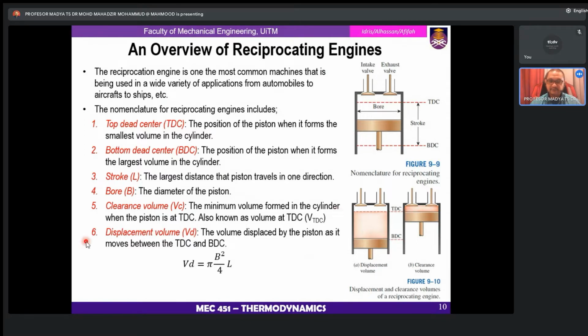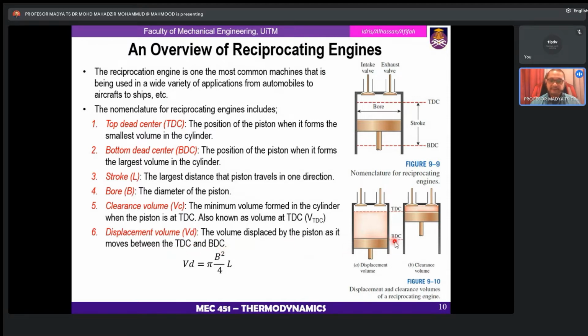Number 6 is displacement volume, VD. This is the volume swept when the piston moves from TDC to BDC.